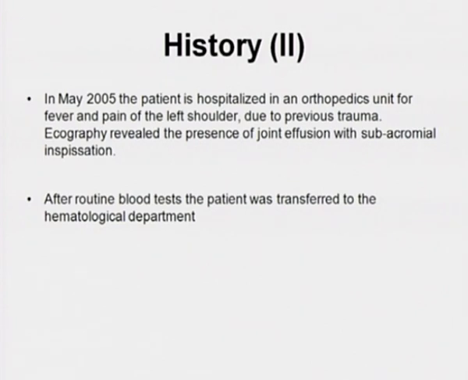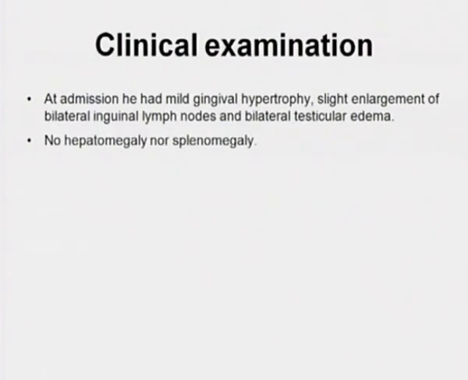In May, the patient was hospitalized in the orthopedics unit for fever and pain in the left shoulder due to a previous trauma, and echography revealed a joint effusion with subacromial infiltration. After routine blood tests, the patient was transferred to our hematological department.